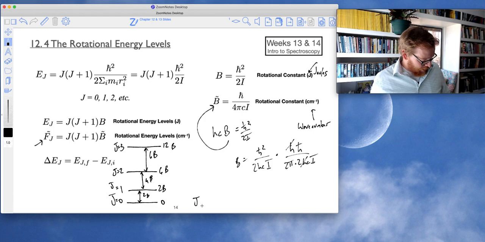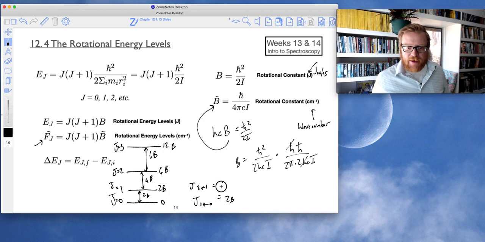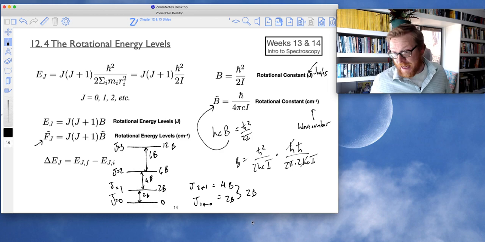So if I look at the J, the nomenclature of this goes J10, so we're talking about transitions from 0 to 1, okay? So we get that to be 2B. Well, what about the J21 state? All right, well, we know that that's going to be 4B. The difference between these two is 2B.